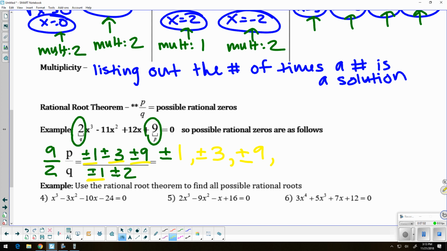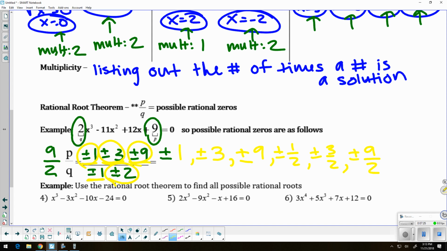Okay, now you want to do all the numbers on top over 2. So listing out more numbers, now I'm doing plus and minus 1 over 2, so plus and minus 1/2, and then we'd have plus and minus 3 over 2, and then plus and minus 9 over 2. So these are all my possible solutions to this problem.